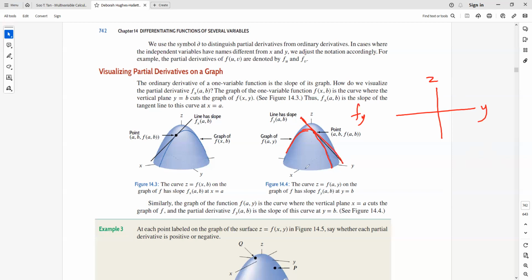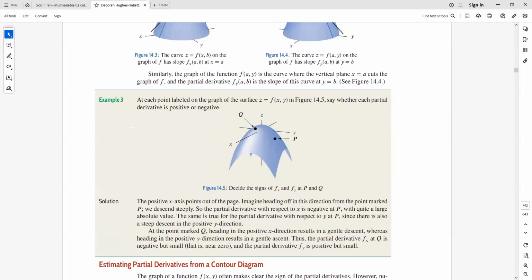So this is the way we can think about the rate of change in different directions when we are considering multivariables, right?